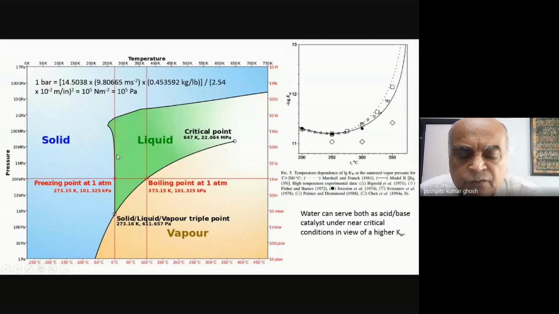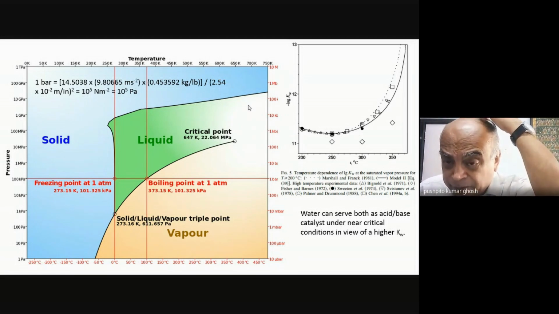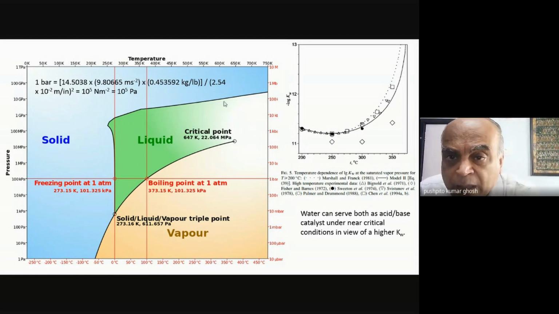Now, what is very interesting is that as you go towards the critical point from, let's say, about 0 degrees centigrade, you can see the normal Kw, which we know the pKw is 14. That's what we have learned.